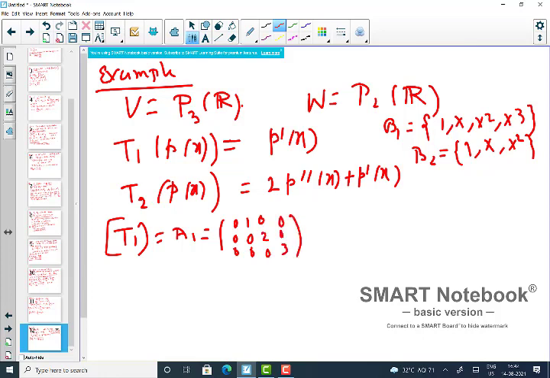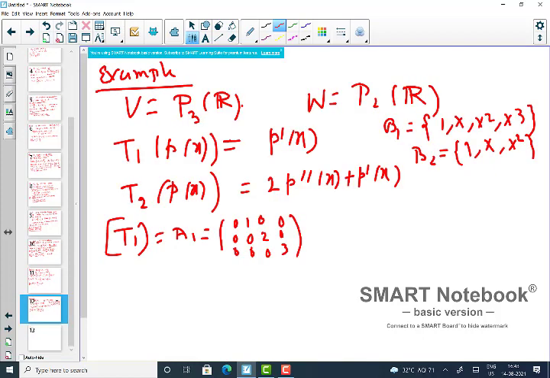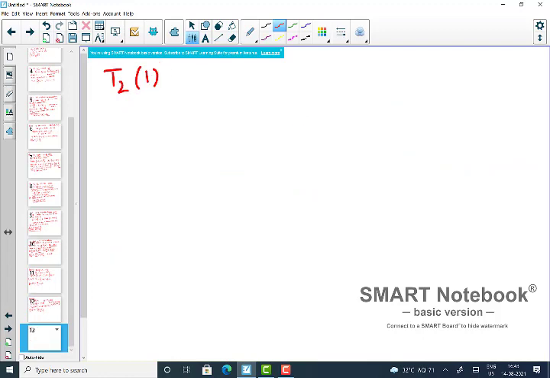Okay. Now let us calculate for T2. So what does T2 do? T2 is 2 P double dash plus P dash x, right? Now 1 will go to 0, which is nothing but 0 times 1 plus 0 times x plus 0 times x square. What does T2 do with the monomial x?